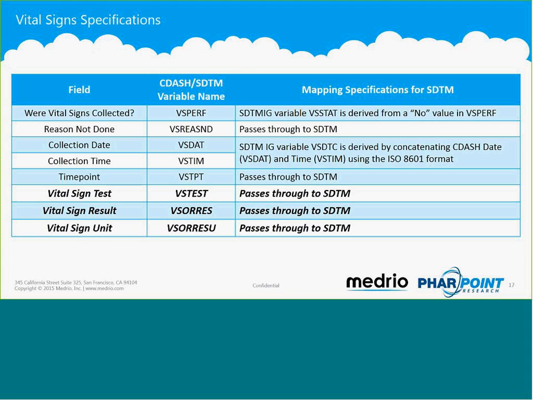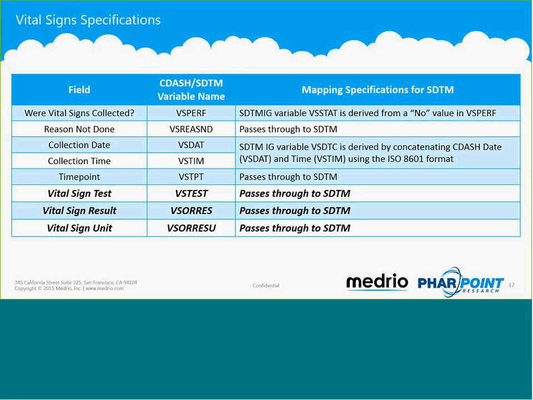So even though VSPERF exists at a CDASH level and is more conducive to collection, there is VSSTAT on the mapped SDTM side, because that is more conducive to analysis and ends up being a technically derived field based on VSPERF. It's just the nature of the difference between the needs of collection versus the needs of analysis.